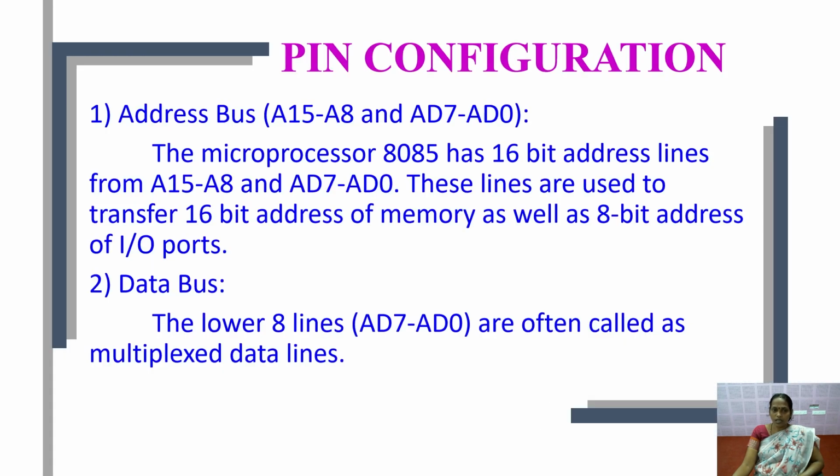The 8085 microprocessor has 16-bit address lines, from A15 to A8 and AD7 to AD0. These lines are used to transfer the 16-bit address of memory as well as the 8-bit address of input and output ports. Next is the data bus. The lower 8 lines, from AD7 to AD0, are called multiplexed address and data lines.